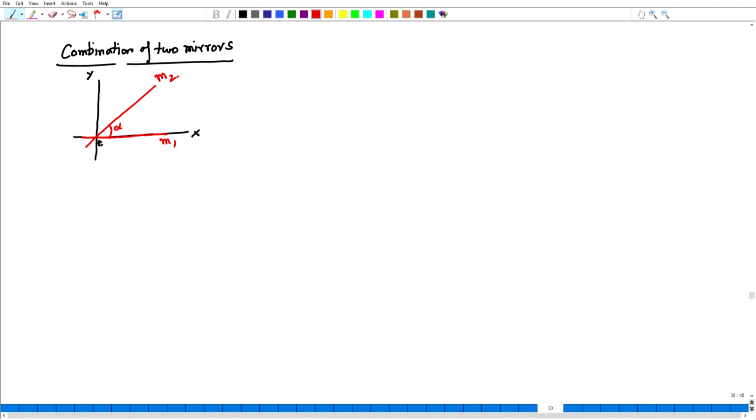Call this mirror M2. We want to find out what is the resulting operation when the sigma 1 reflection operation is followed by the sigma 2 reflection operation. So, we want to find out the resulting symmetry.